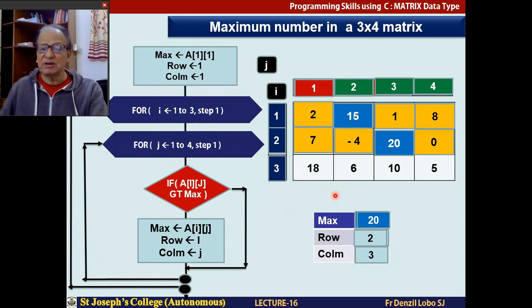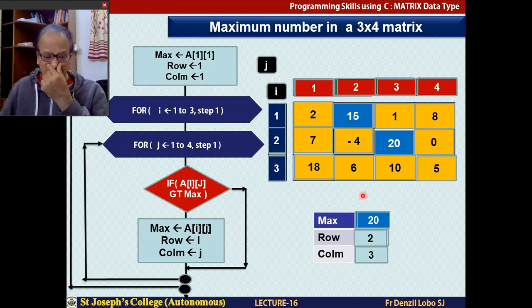Again I go to the first element: is 18 greater than 20? No. Is 6 greater than 20? No. Is 10 greater than 20? No. And I come to A34, is 5 greater than 20? No. So I have traversed the whole matrix, and at the end I find the maximum number is 20. It is in row 2 and column 3.